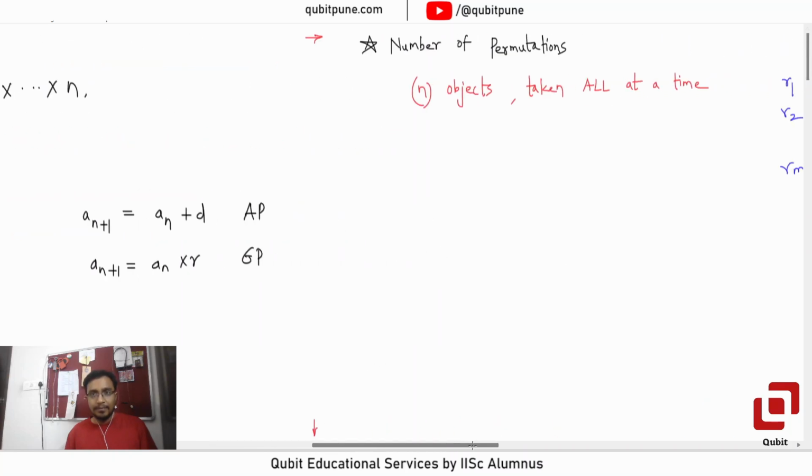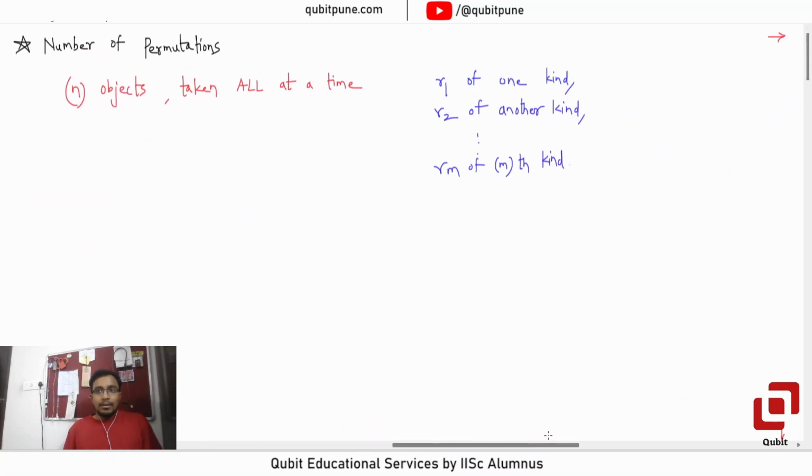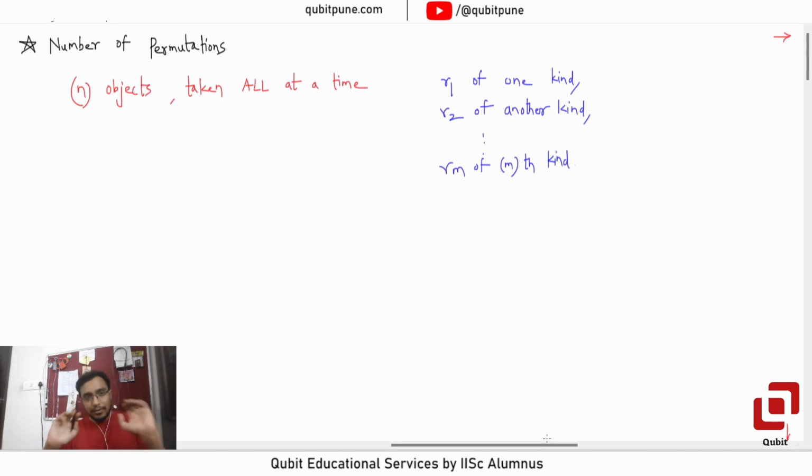First, suppose we have n objects and we have to take all at a time. Suppose we have to take all of them, but here there are some objects which are identical. Let's say r1 objects are identical of one kind, r2 of another kind, and rm of the mth kind. Then what is the number of permutations here?